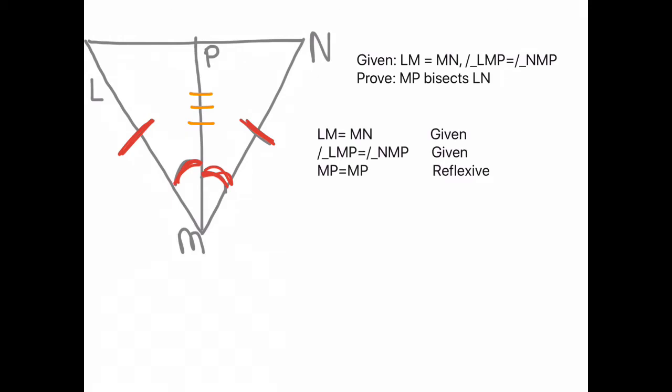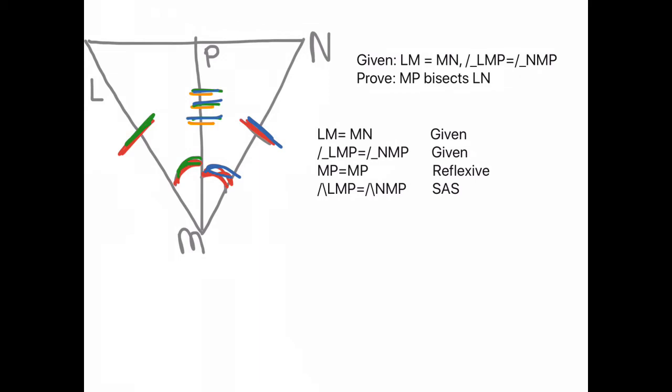And now if we take a look at our left-hand triangle, I have side, angle, side. And if I take a look at my right-hand triangle, I have side, angle, side. So I can prove that triangle LMP is congruent to triangle NMP by side, angle, side.